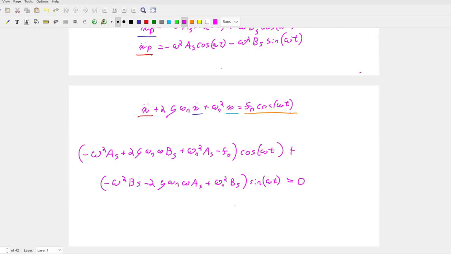If we look at this expression, because we have sine and cosine, there's two special moments in time where cosine omega t and sine omega t are equal to 0, right?